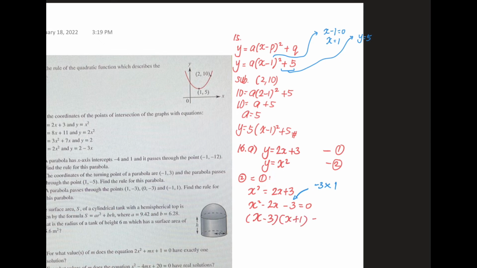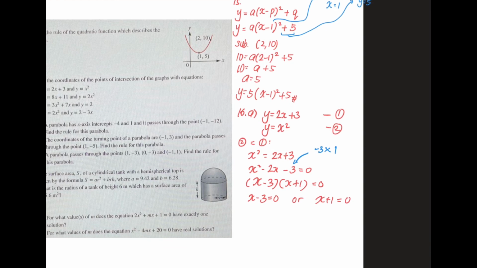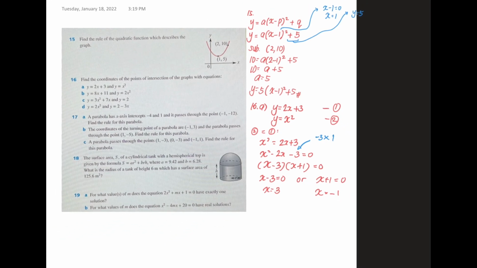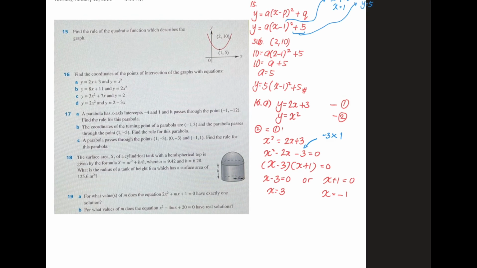So we have (x minus 3)(x plus 1) equal to 0. So x minus 3 equal to 0, x plus 1 equal to 0, x equal to 3, x equal to minus 1. So these are the two x coordinates. We need to find the y coordinates as well. Now we can use equation 1 or equation 2 to work it out.